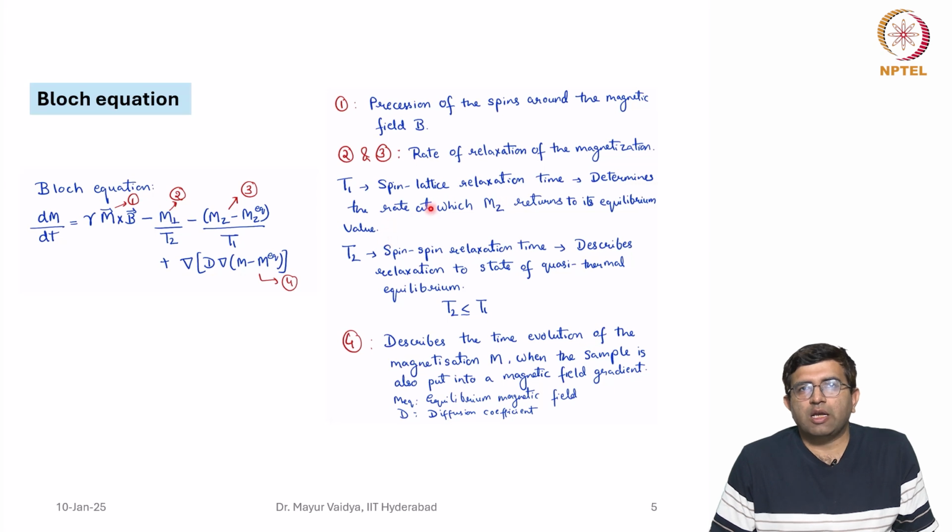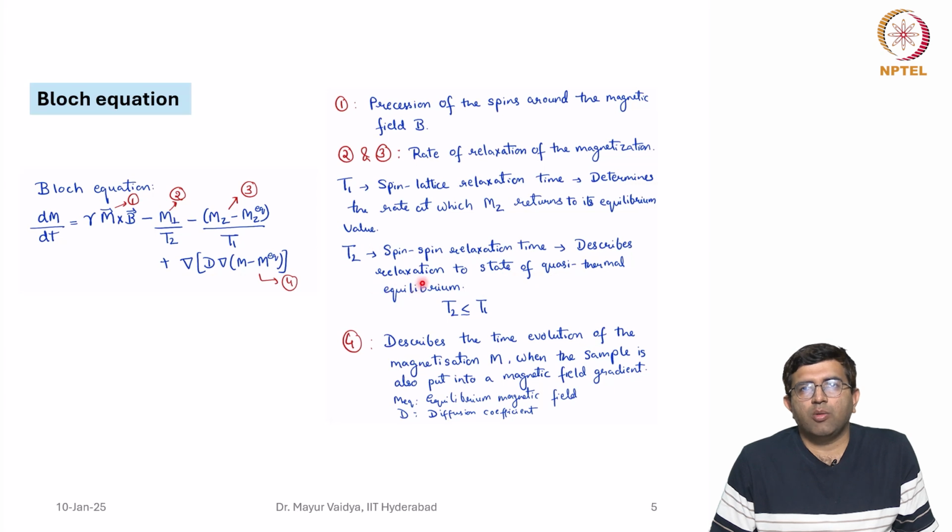So, the rate at which the magnetization comes to its equilibrium value is T1, and you can see that this is Mz minus M equilibrium. T2 is called the spin relaxation time, which describes the relaxation to the state of quasi-thermal equilibrium.